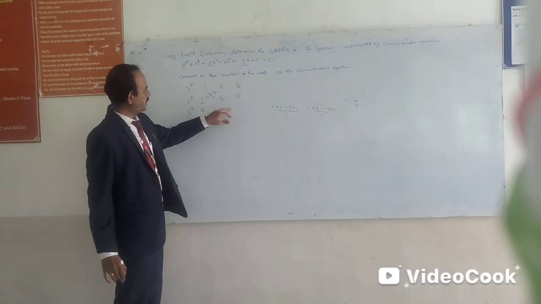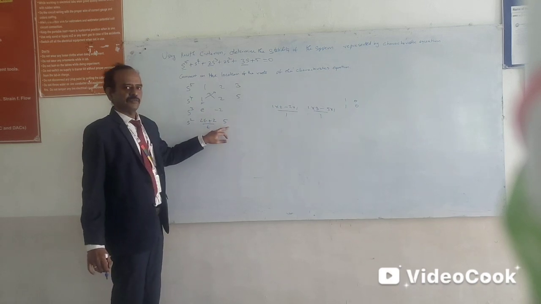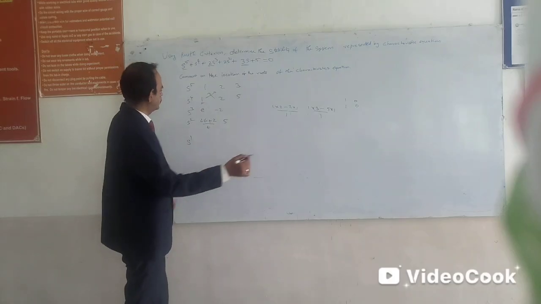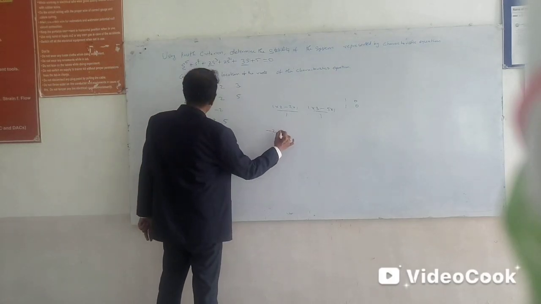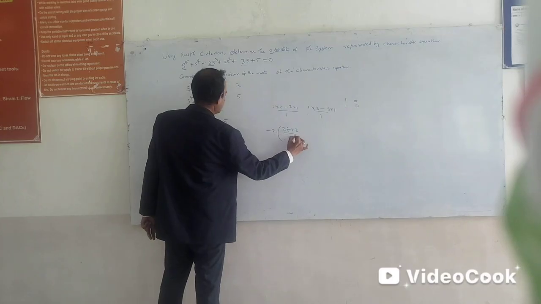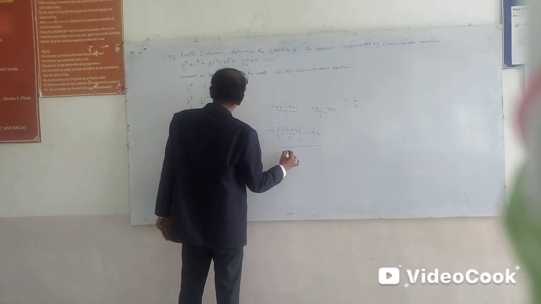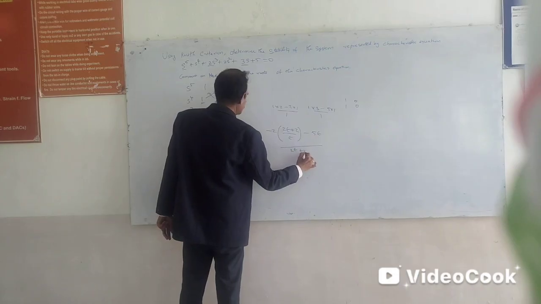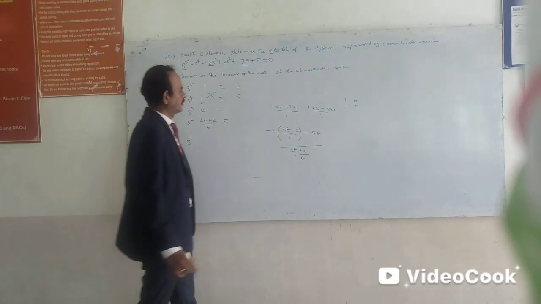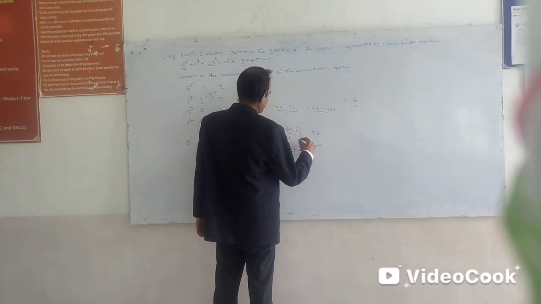Next s power 1, let's solve here: minus 2 into 2 epsilon plus 2 divided by epsilon minus of 5 epsilon divided by 2 epsilon plus 2 divided by epsilon.